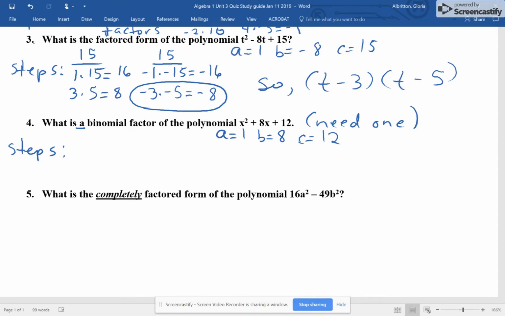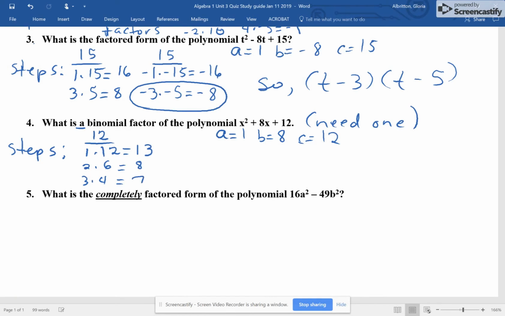Step 1, list the factors of the C value. That's 12. We've got 1 times 12, 2 times 6, 3 times 4. Step 2, choose the pair that adds up to your B value, which is 8. This gives us 13.